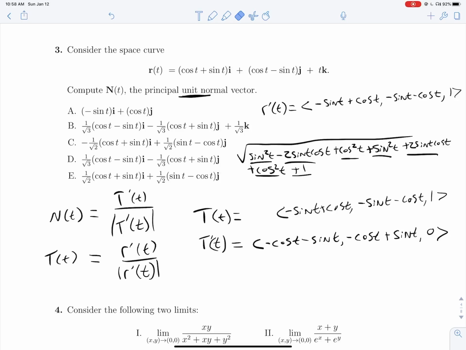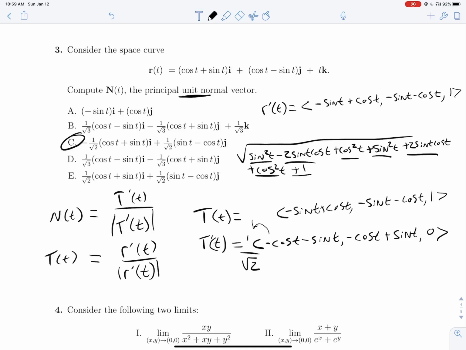So the magnitude of this entire thing, and you should probably check it for yourselves, is root 2, and so we're going to multiply by 1 over root 2. And thankfully, we see that answer choice C matches this exactly if you pull this negative sign out.